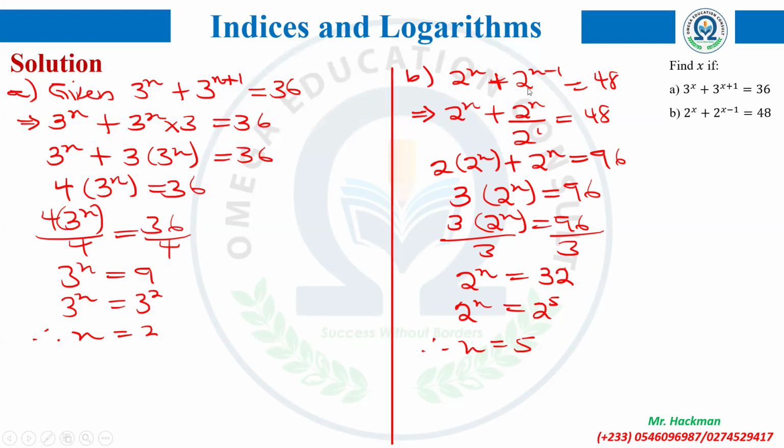Take notes. Where you write, let this be equal to, then you go and solve. But immediately you realize that your terms have the same bases and the exponents have the same degree, then it means they are like terms for you to combine. Then you divide through, you reduce it, then you go back to your usual exponential equation technique. Is my point well made?